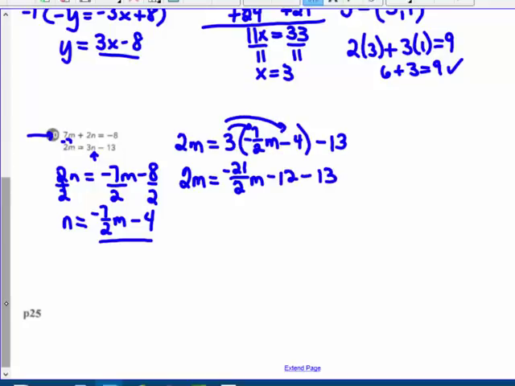I'm going to combine my like terms to get negative 25. So negative 21/2 m, negative 25, they equal 2m. I'm going to add 21/2 m to both sides.